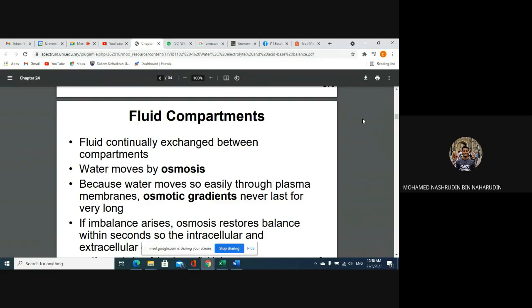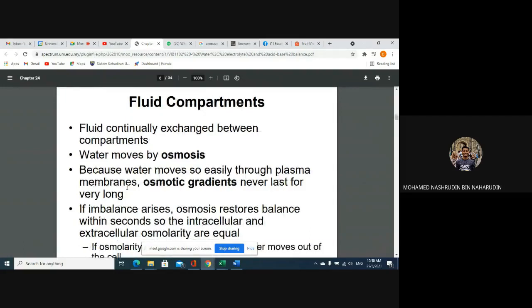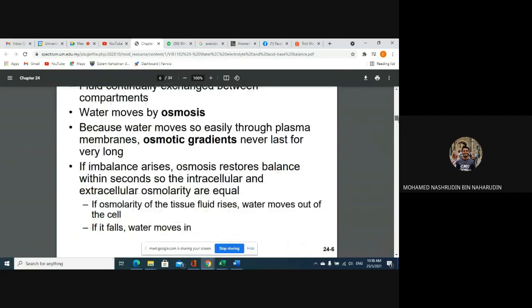Because water moves so easily through plasma membranes, osmotic gradients never last for very long. If imbalance arises, osmosis restores balance within seconds, so that intracellular and extracellular osmolarity are equal. So that's that.